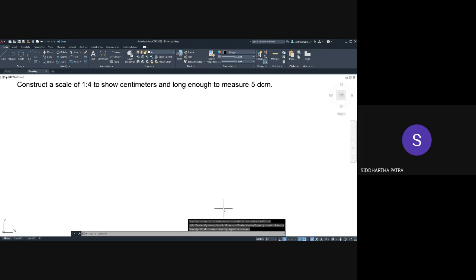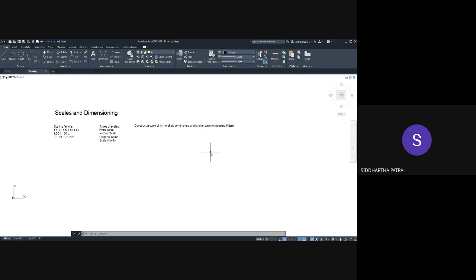So you are supposed to construct a scale of 1 is to 4 ratio, which is a reducing scaling factor. The smallest division on that scale should represent centimeters, and the largest division should be long enough to measure 5 decimeters.